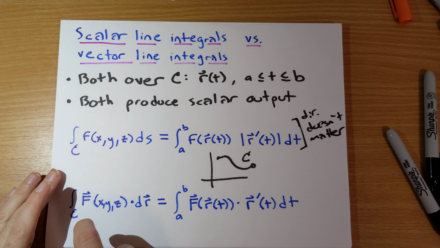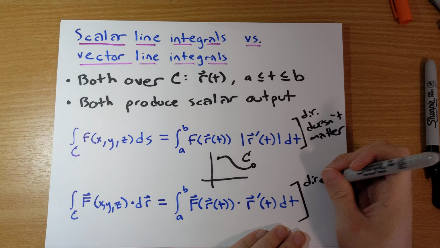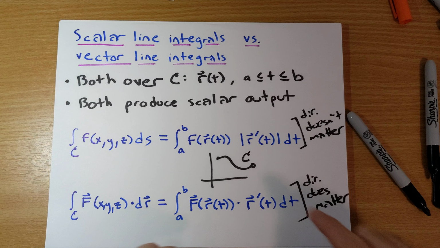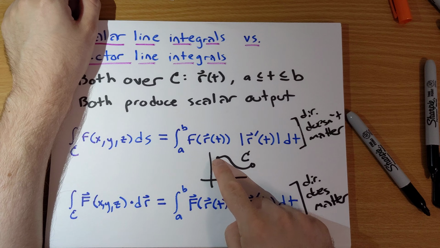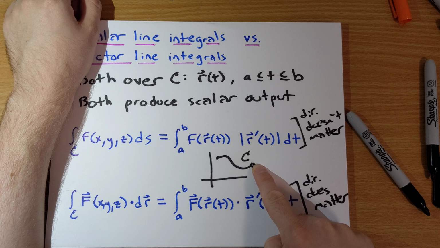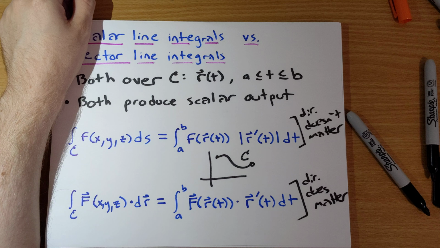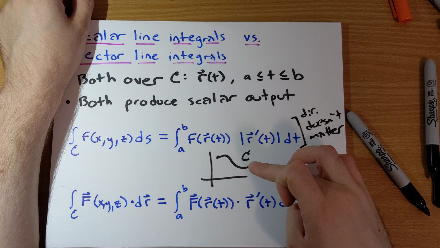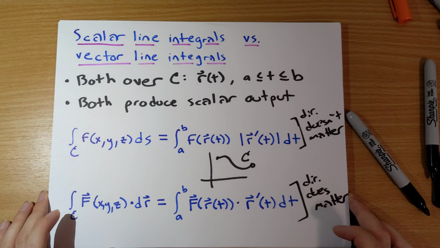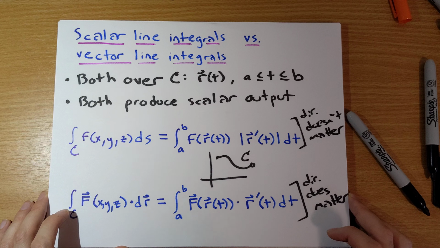However, in vector line integrals, the direction does matter. If you integrate along this way for C, you get a different answer than if you integrate going in the other direction. In fact, the integral along here is equal to the negative of the integral along here. So that is one more important difference between scalar and vector line integrals.